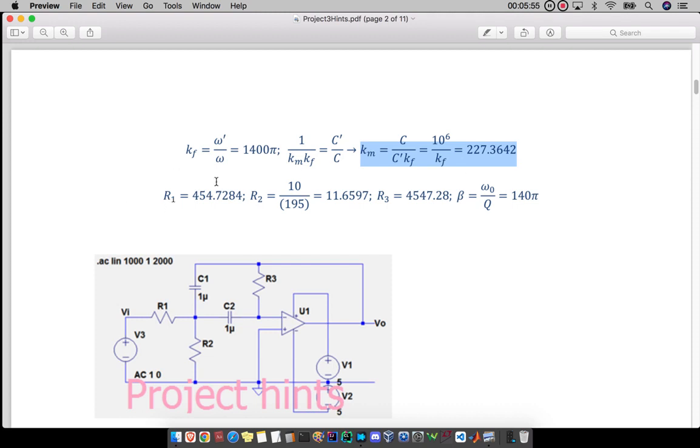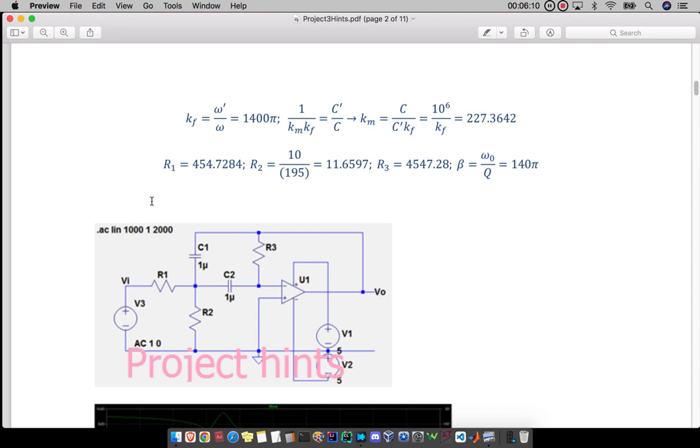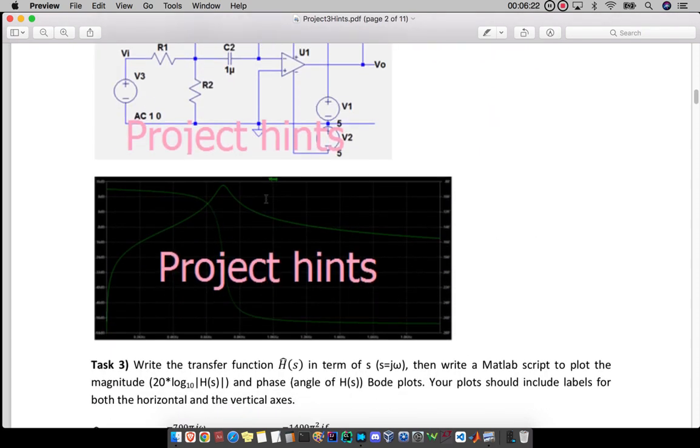So for instance, R1 multiplied by K sub m, the scalar factor, R2 also multiplied by K sub m, and so on. And basically for this given schematic, you just plug those values into R1 and R2 and R3. And our AC analysis is given as well, and the expectation for that should give you this Bode plot right here.